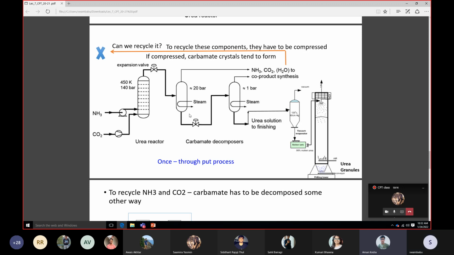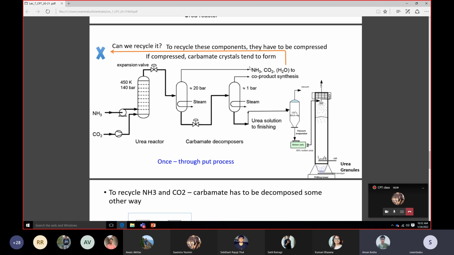Then we need to always heat the liquid because we want urea to be in the liquid form. So some amount of heating will be there. Then again, the pressure is reduced from 20 bar to 1 bar, so that further unconverted ammonium carbonate dissociates into ammonia and CO2.